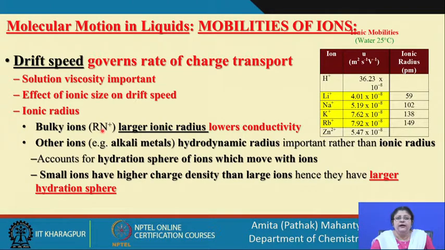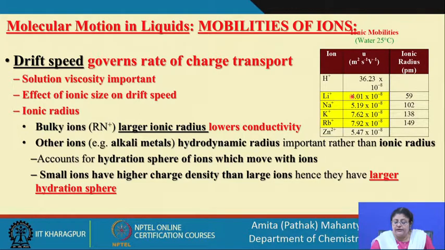Now, other ions like the alkali ions, like sodium plus, Na plus, these alkali metals. Just have a look at what we have here: lithium, sodium, potassium, rubidium. These are the alkali metal ions. What is happening here?